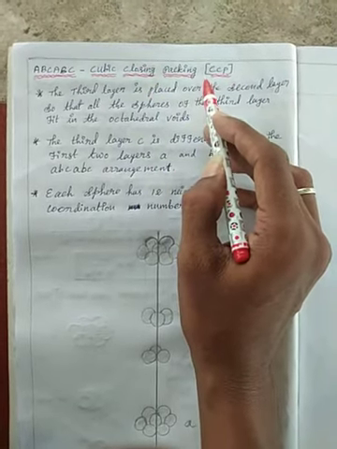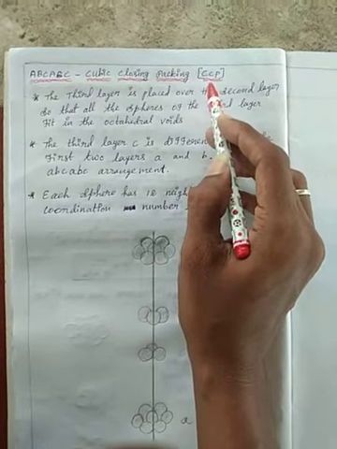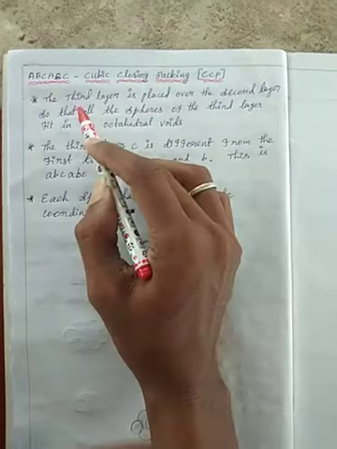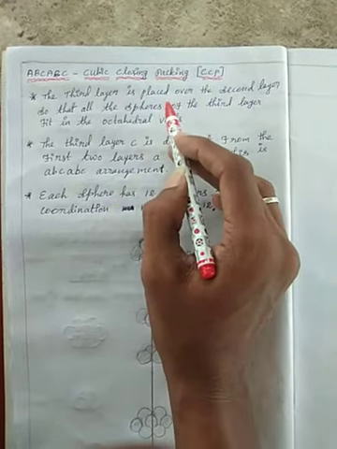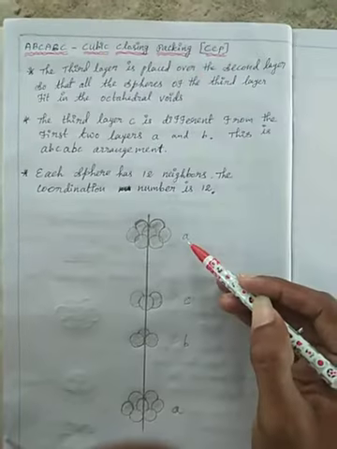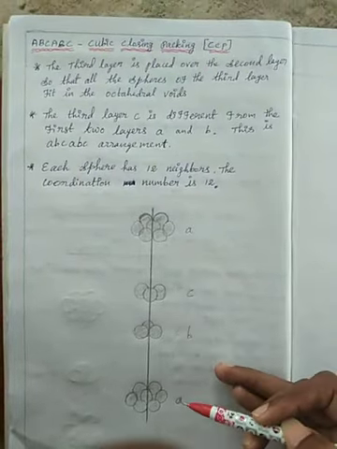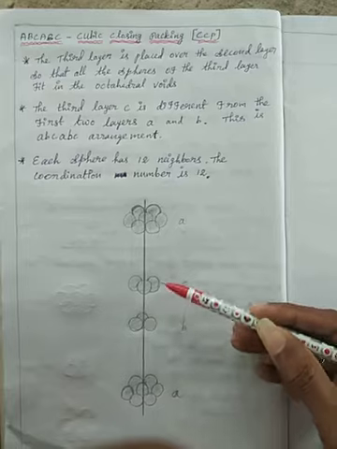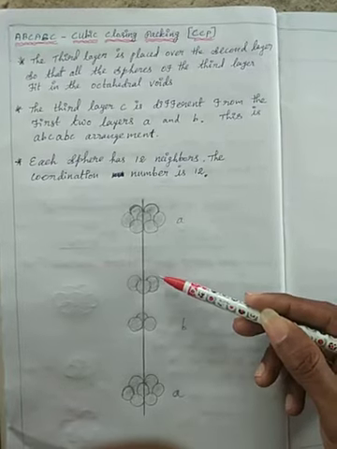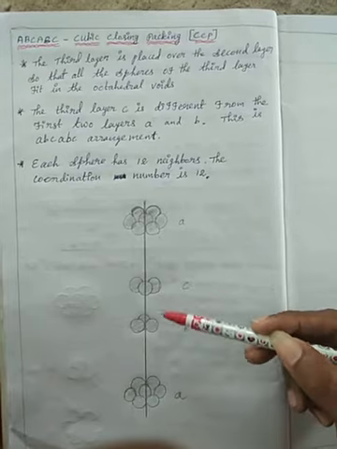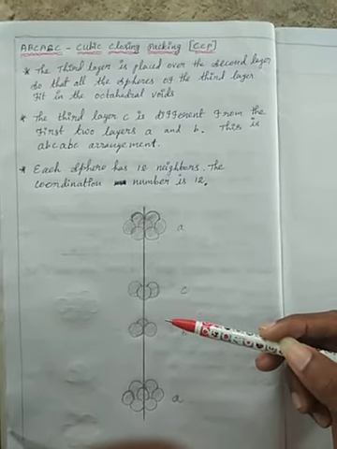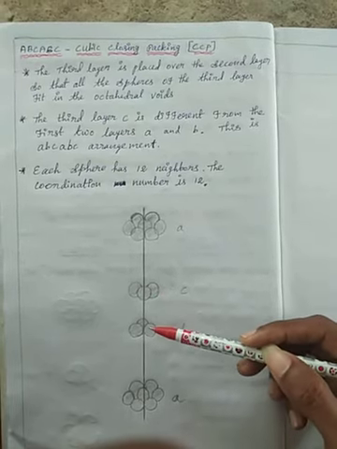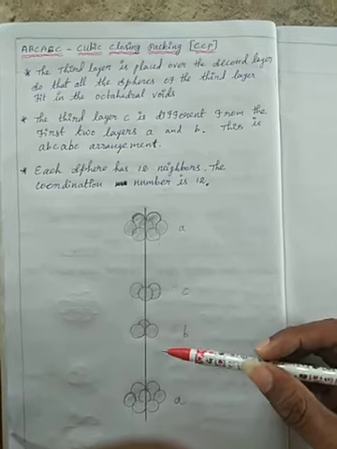As already discussed, face centered cubic has atoms present in the cubic close packing. The third layer is placed over the second layer, in the opposite orientation: first layer, second layer, third layer, fourth layer. The third layer's position is an octahedral void, octahedral geometry.